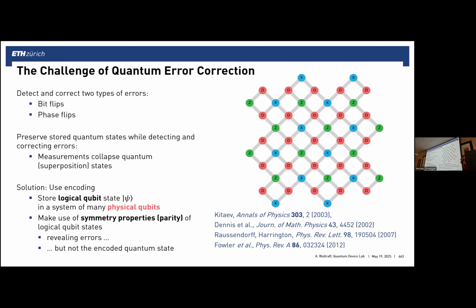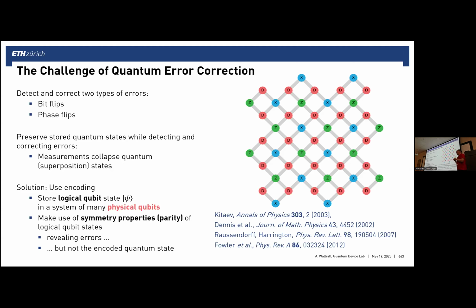If you encode all your logical information only in physical qubit states with even parity, then a measurement of parity would not distinguish between the logical ground state, the logical excited state, or the logical superposition states, because they would all have even parity. But if one of the qubits were to decay, the parity would switch from even to odd. This is something that you can detect in a way that doesn't distinguish between the logical states that are stored in these physical qubits.